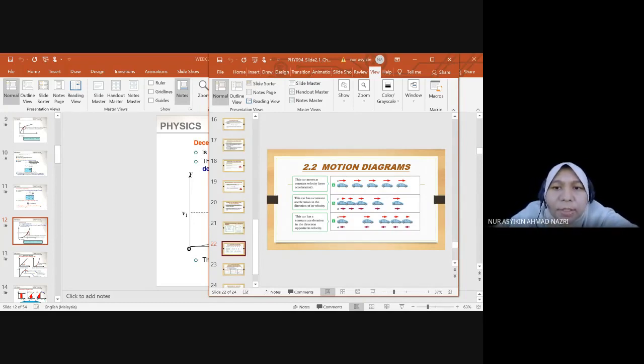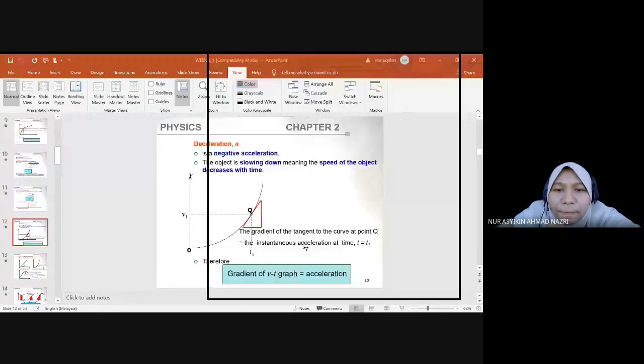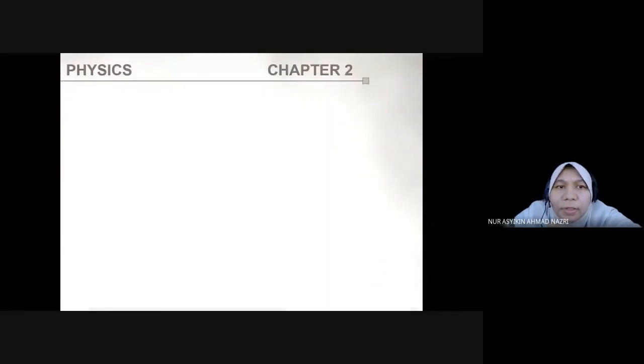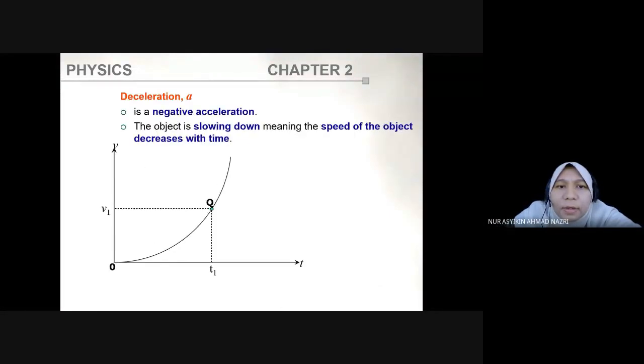Kalau ikut slide saya pun, dia guna terms negative acceleration kan. Mungkin sebab tu dia buat lukisan macam tu untuk tunjuk dia slowing down.